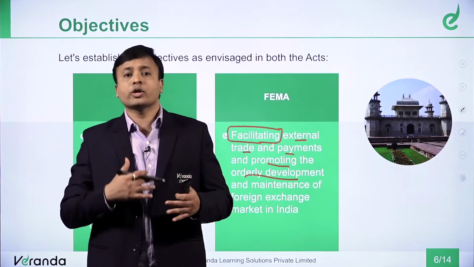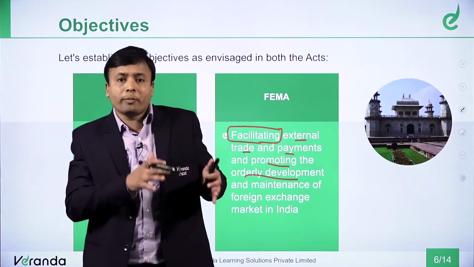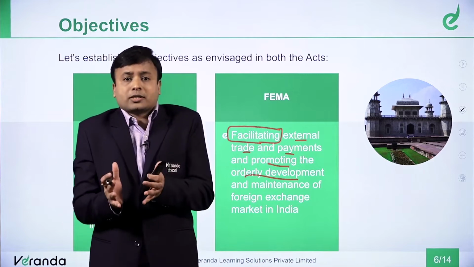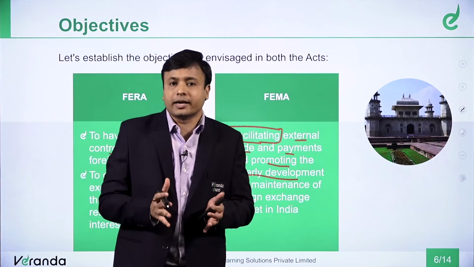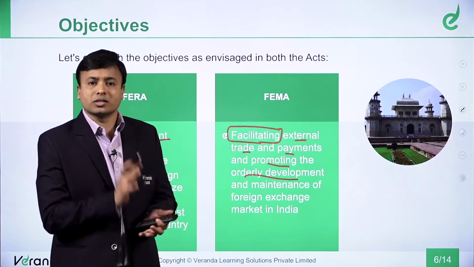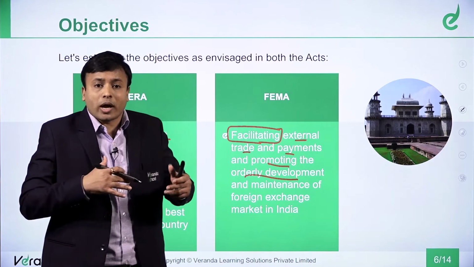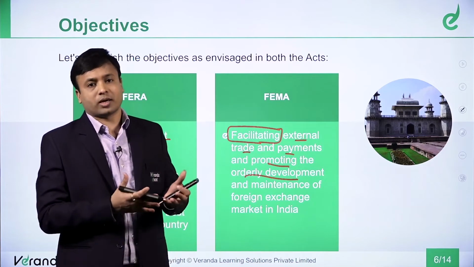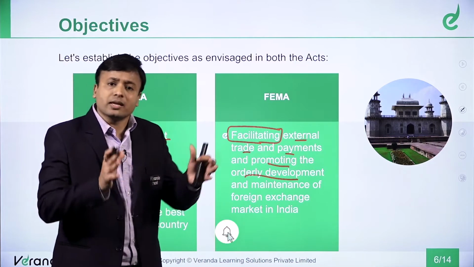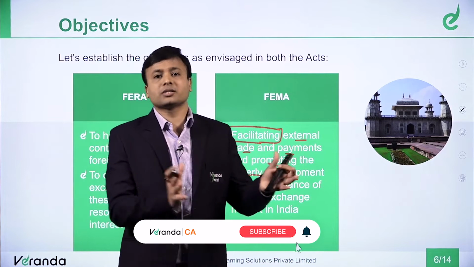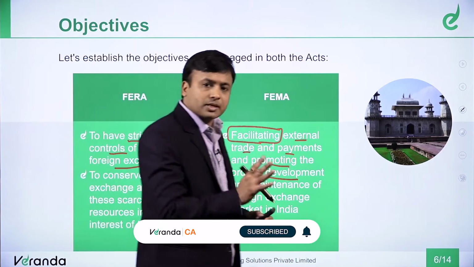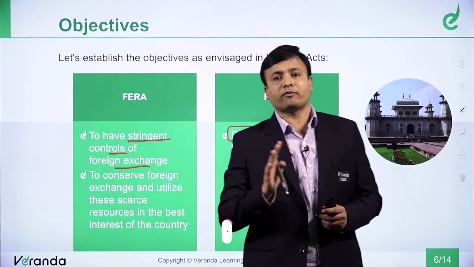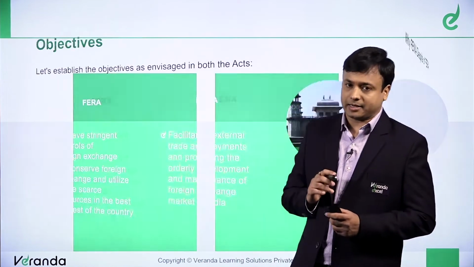I am going to look into avenues to make this scarce commodity abundant, something which is available in India. My intention is not to conserve this. My intention is to increase the presence of foreign currency in India and then regulate and manage it. So basically, the basic framework of FERA and FEMA had been changed by this act.